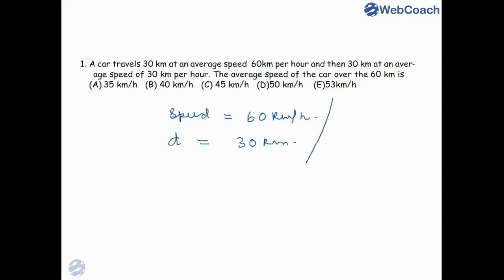On the other half of the journey, the car is moving the same 30 kilometers, but now the speed is 30 kilometers per hour. So there is a difference. In junior classes, you might have solved many problems of this kind. I am just giving an example to show that nowhere here is the direction of the distance covered mentioned.